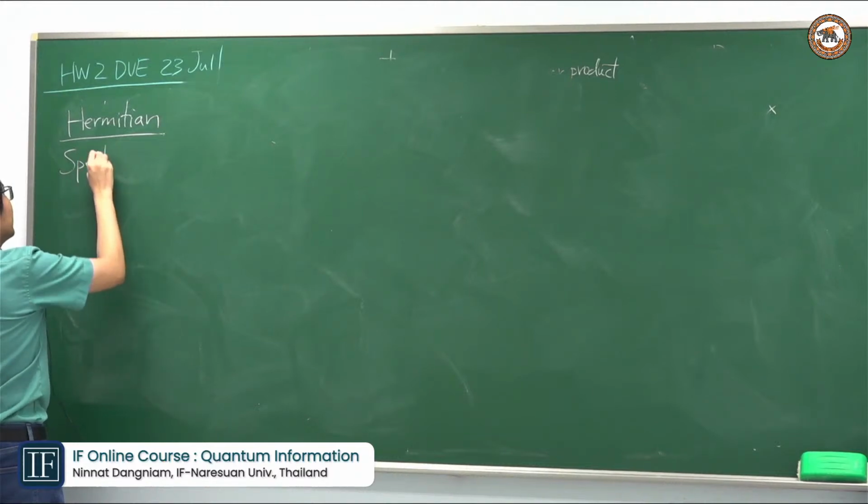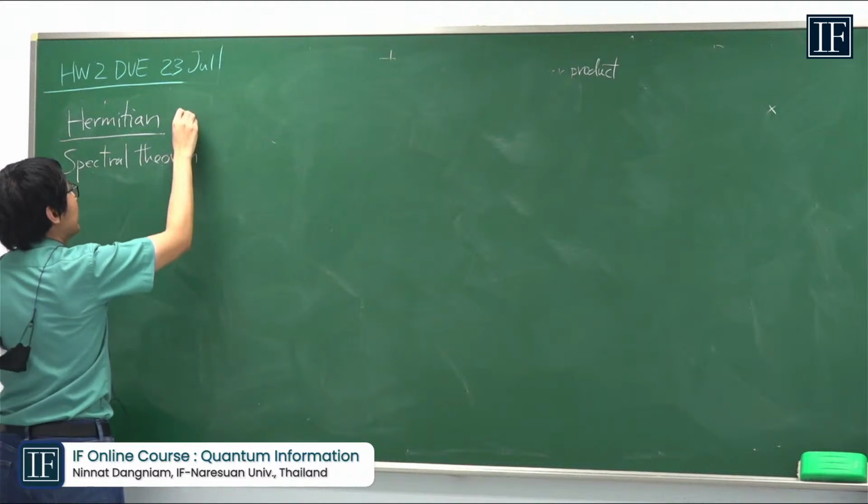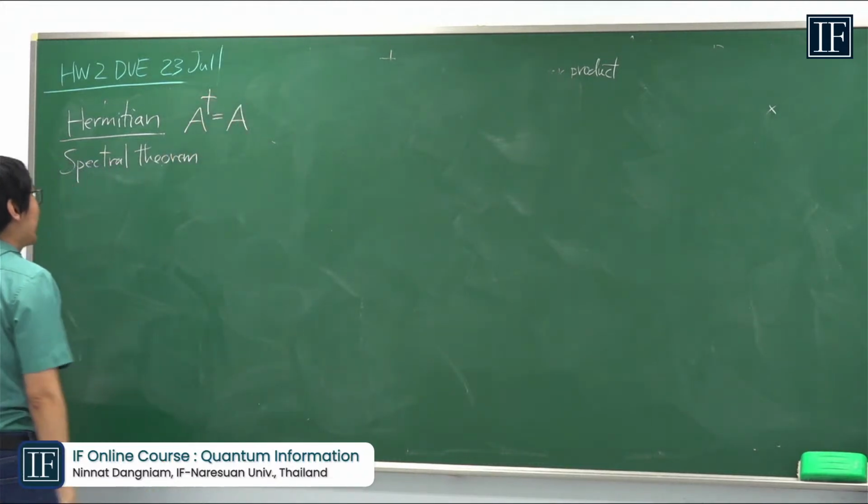So the spectral theorem for Hermitian operators. A Hermitian operator is, of course, an operator that is invariant under the dagger.